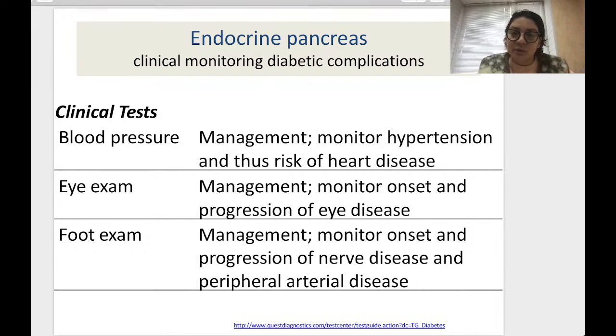Diabetic foot is the most important cause of hospitalization, and it is the most frequent cause of all amputations in people in general, and of course in diabetes mellitus. As I said, it is a combination of progression of nerve disease and arterial disease.